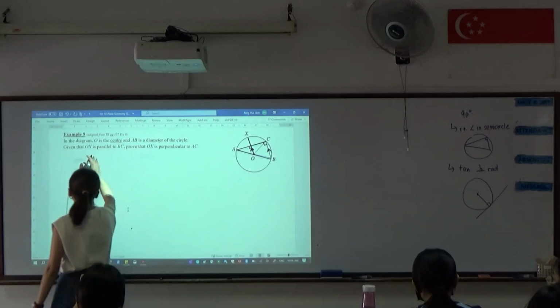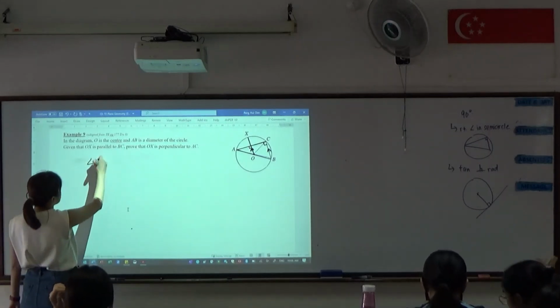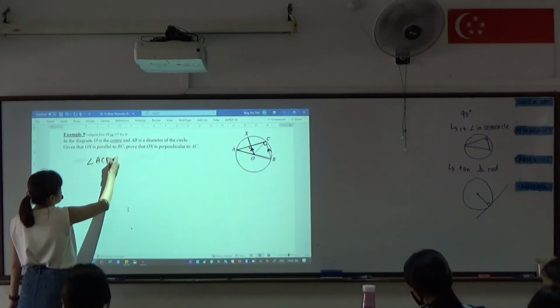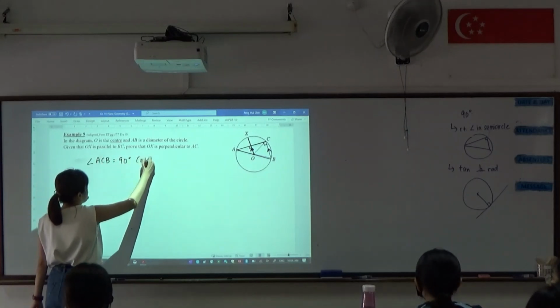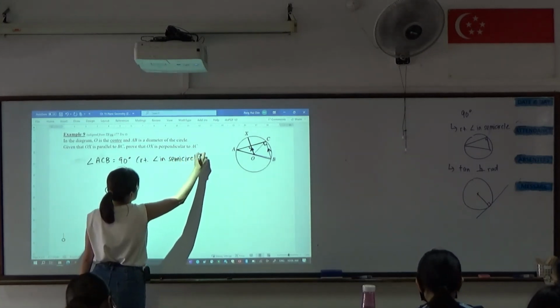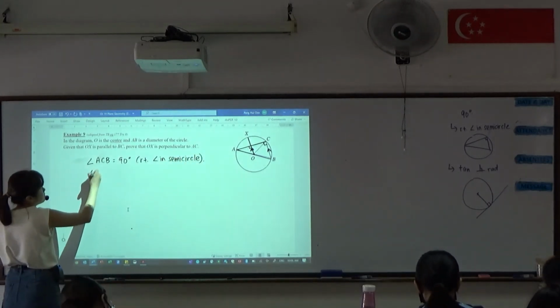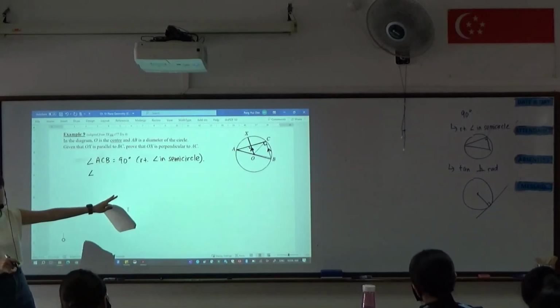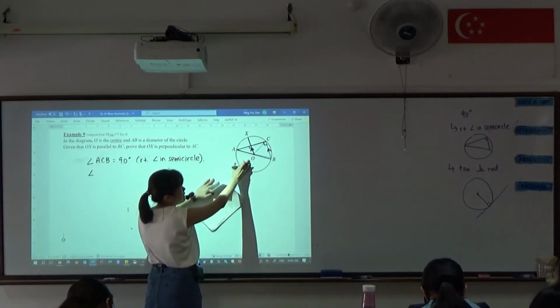Angle... You can label the diagram for convenience of presentation.